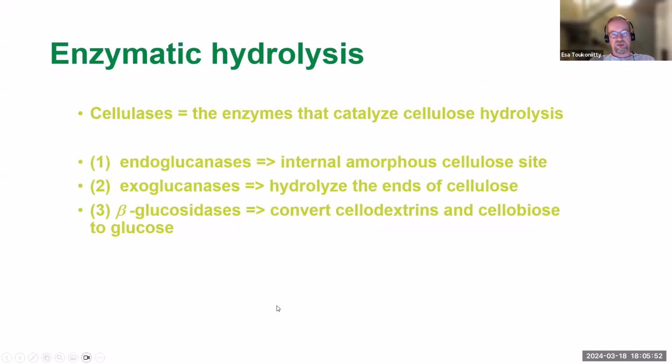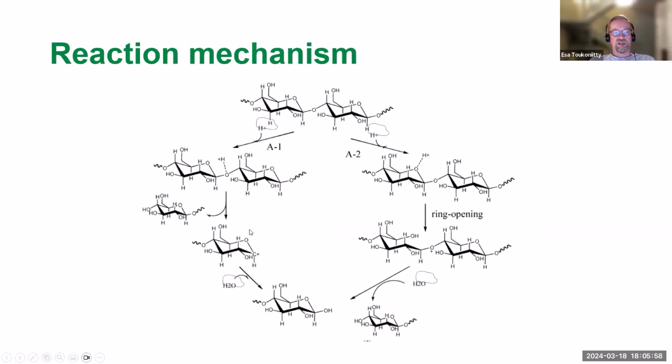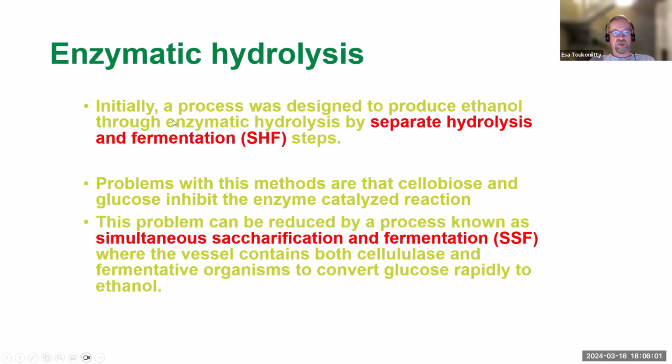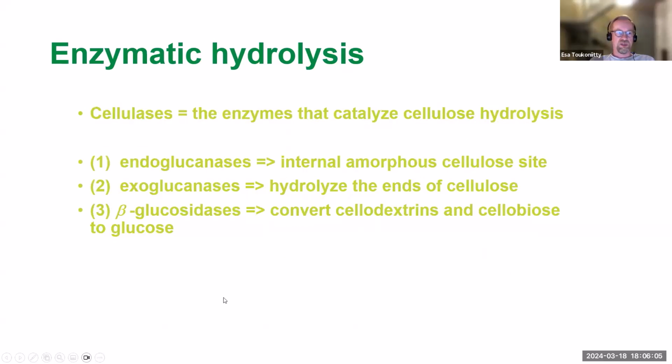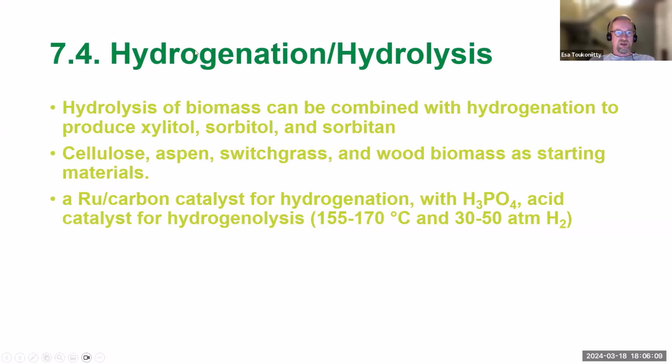And typically it has been done with acid catalyzed hydrolysis and with enzymatic hydrolysis. So these are quite typical steps. Well, the last one I mentioned here, the combined hydrolysis and hydrogenation, is a rather new development compared to those two previously mentioned approaches.